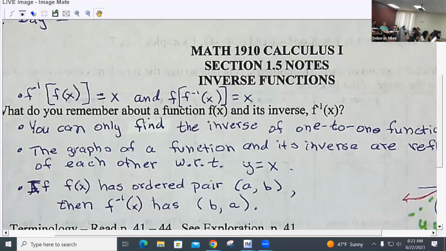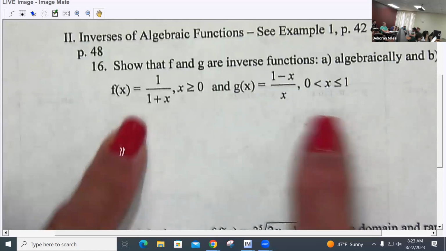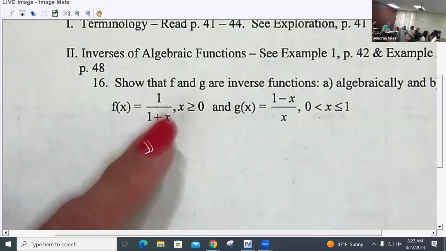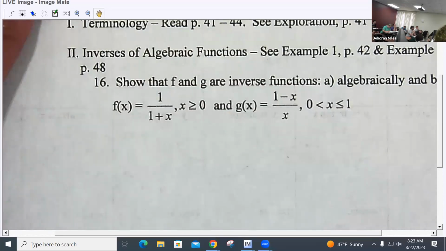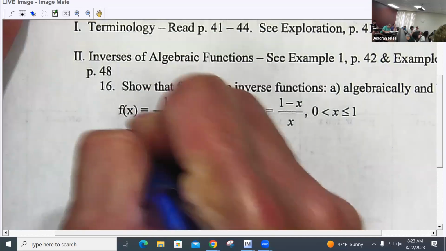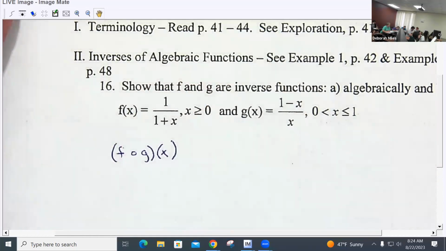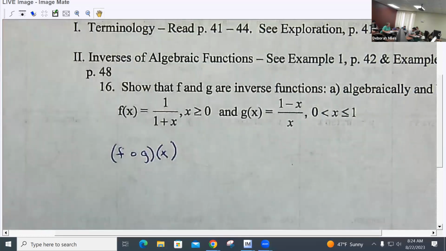That's what we're going to use to show in number 16 that these are inverses of each other algebraically. So I'm going to find f of g of x, see what that is, and then I'm going to find g of f of x and show that both of them give me x.